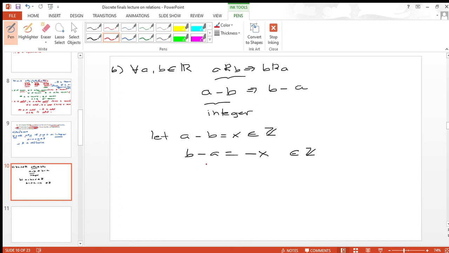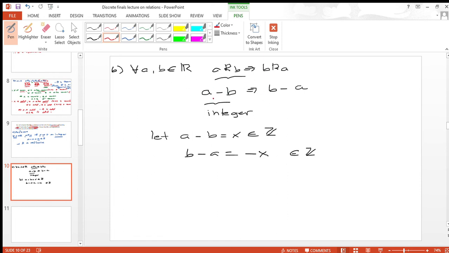If you interchange the values of B and A, that will be negative X. So clearly, minus X is also an integer. If X is an integer, then the negative of that integer would still be an integer. So it fits the qualification.